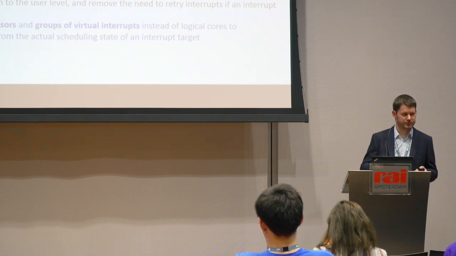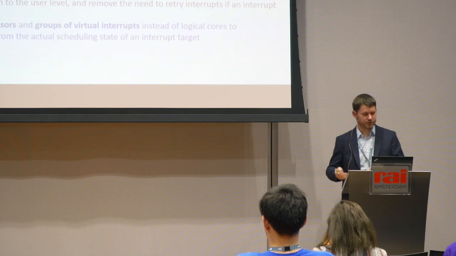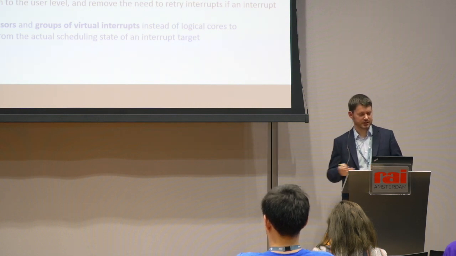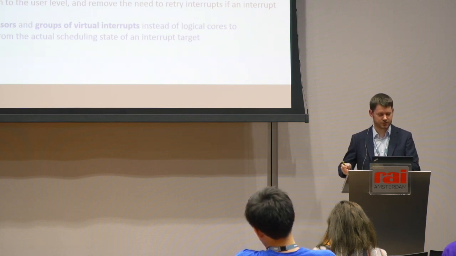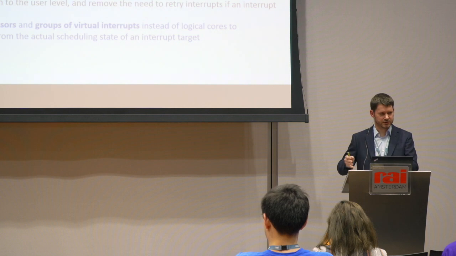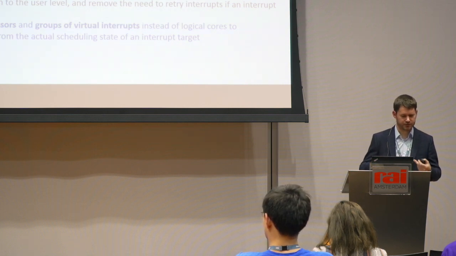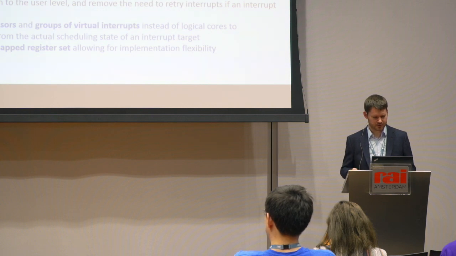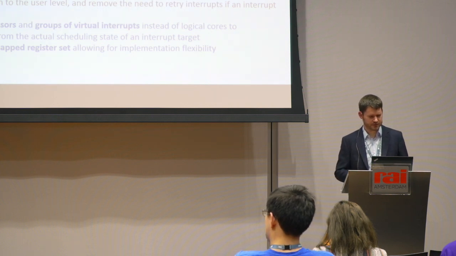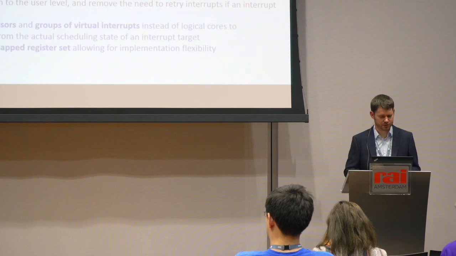If a virtual processor is currently not running, we are not presenting the interrupt. If a virtual processor changes its location in the system because it's scheduled on a different logical core, we follow with the interrupt presentation just by always targeting the virtual processor and not a physical core. We memory map the hardware-software interface into the MMIO space, and that allows a flexible implementation.